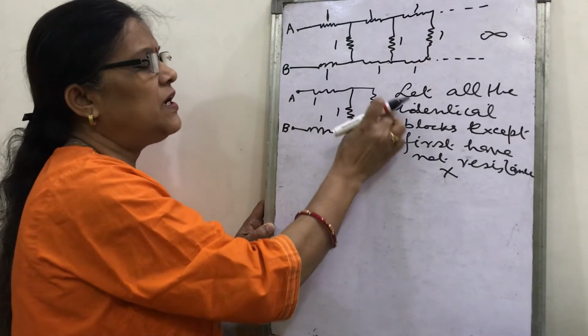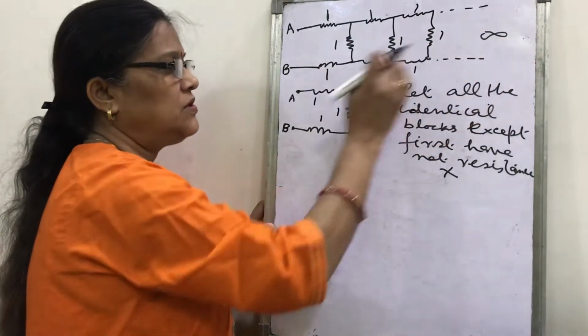This is the net resistance of all the blocks except the first.